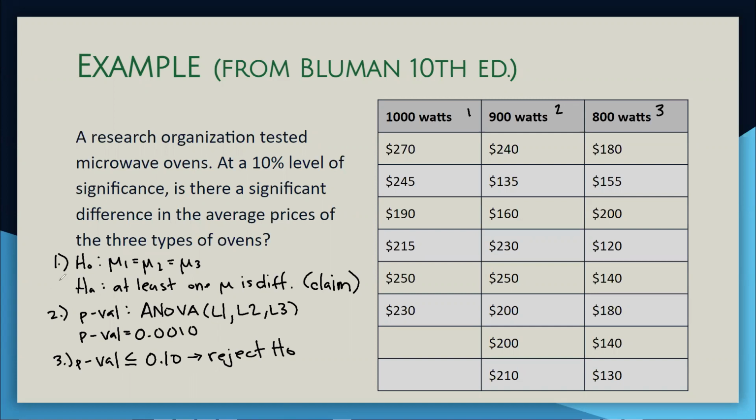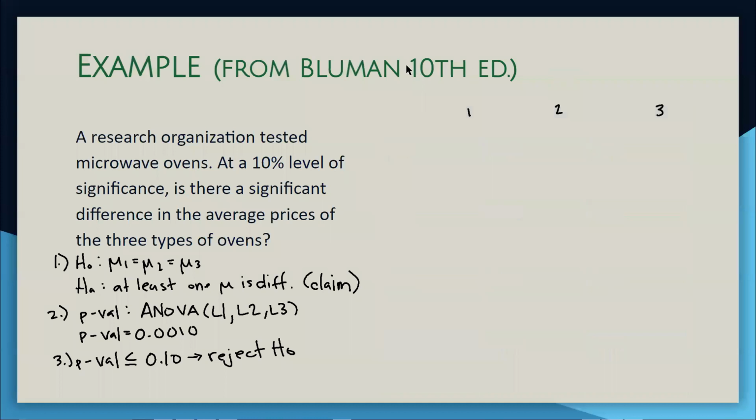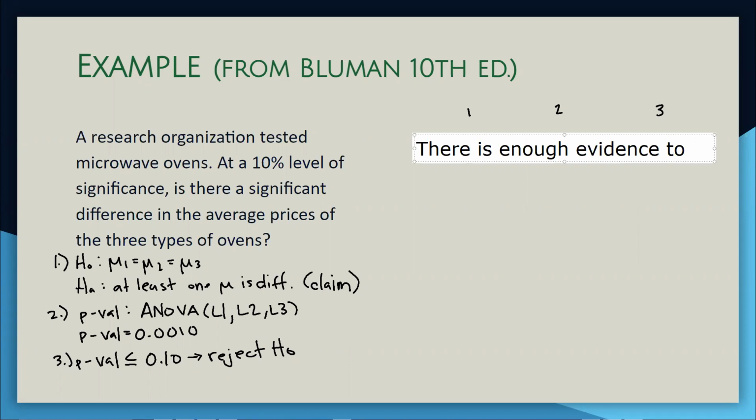Our last step is to write our conclusion. So let me clear some room for us to do that. I'm actually going to type this. So our conclusion is here, and looking at our decision in step 4, we rejected. So there is enough evidence. And then looking at our claim in step 1, we claimed the alternative.